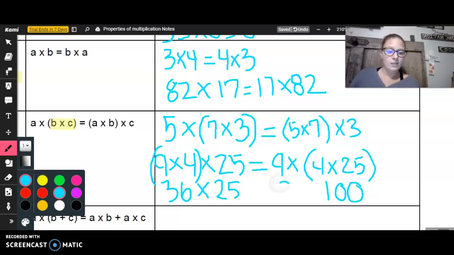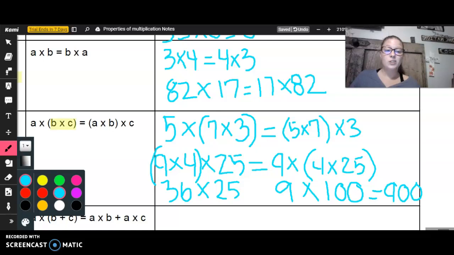So then we'd have 9 times 100, and we could do 9 times 1, which is 9. We know that from the identity property, and then we add our 2 zeros, which is 900. So 36 times 25 is also 900, but we weren't able to do that in our head. But by just rearranging the problem, we are able to do 9 times 100 in our head.